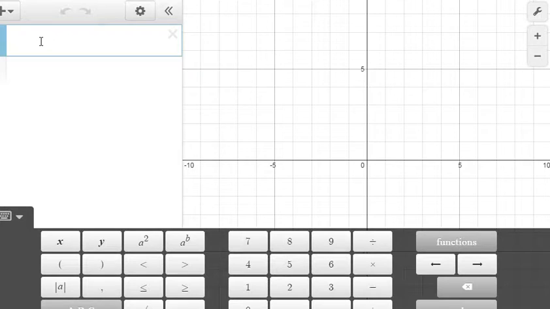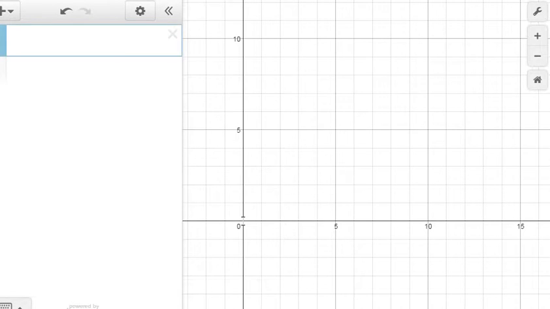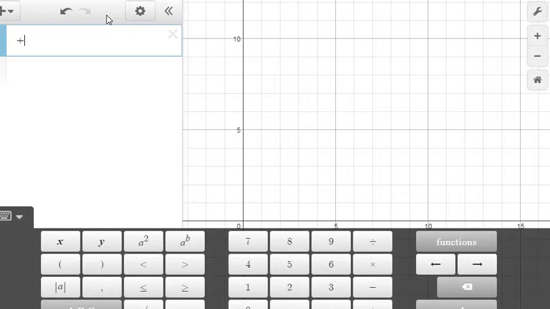Let's type in some of this stuff here. Now I'm not going to type in x is greater than 0, y is greater than 0. I just know that that's going to mean we're going to be in the first quadrant. Let's type in x plus y is less than or equal to 20.